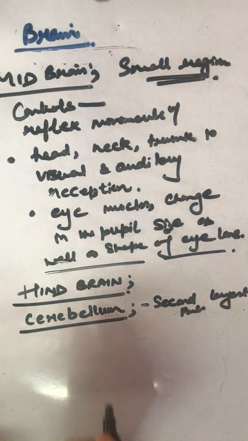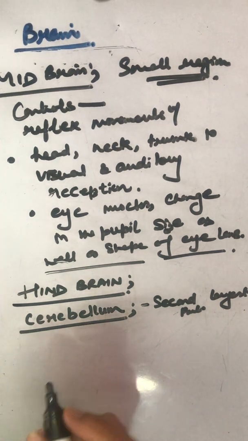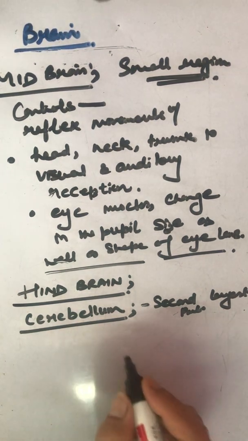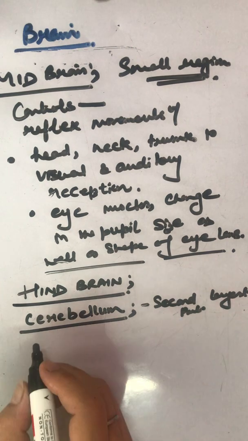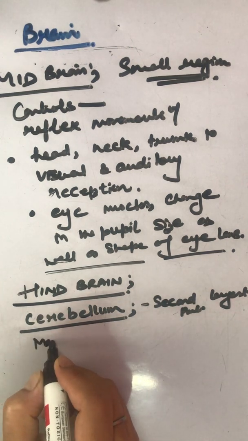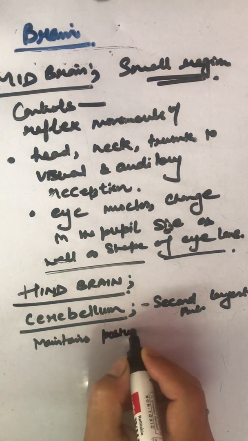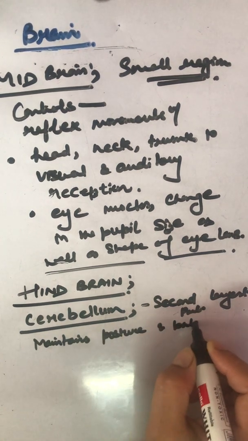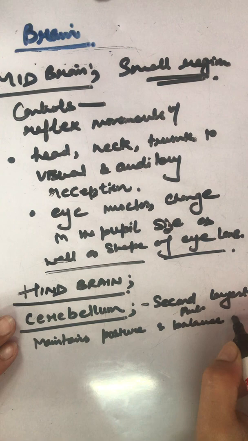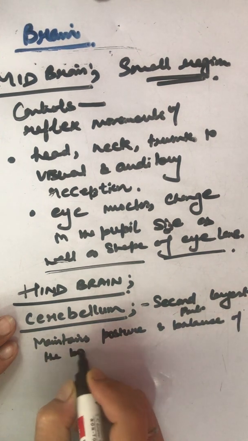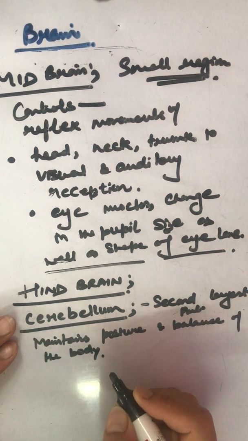This cerebellum, along with the other portions, maintains posture and balance of the body. That is the main thing it has to do.